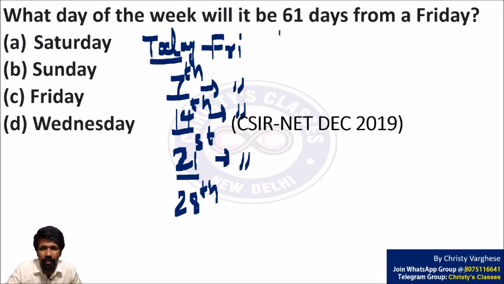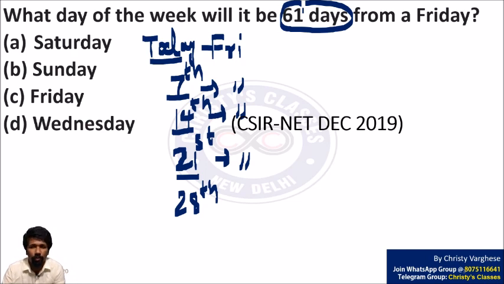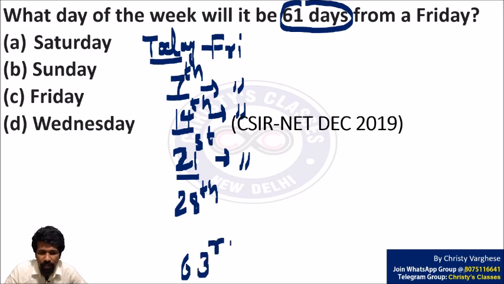Like that you can think. 61 days, the 61st day is what we want to know. For the 61st day, you can reach the 63rd day. That is easy because 63 is a multiple of 7. So the 63rd day is a Friday for sure if today is a Friday. If the 63rd day is a Friday, you can easily calculate the 62nd and 61st.